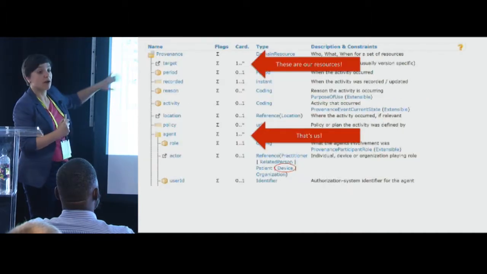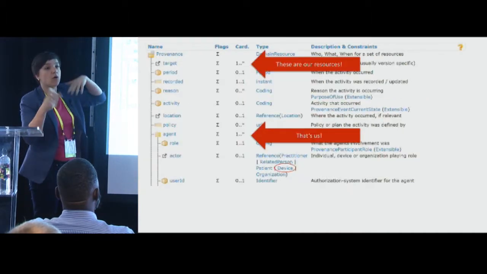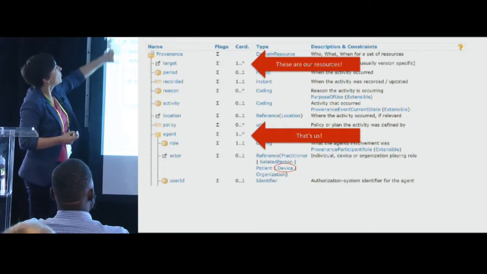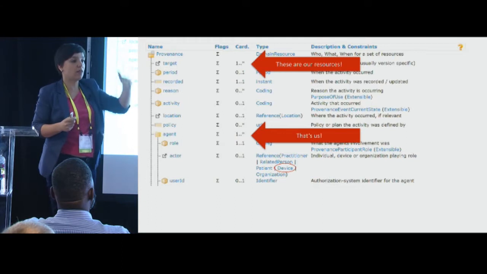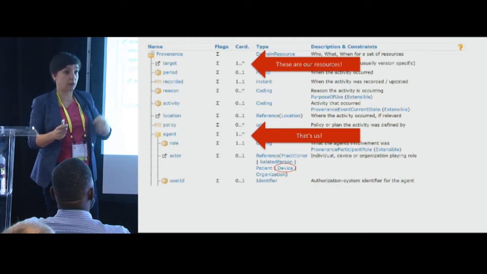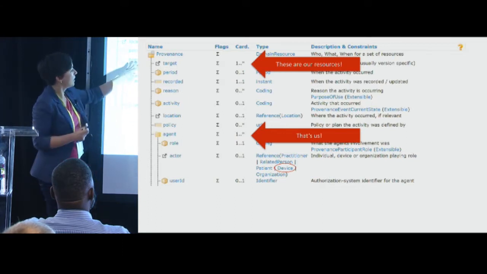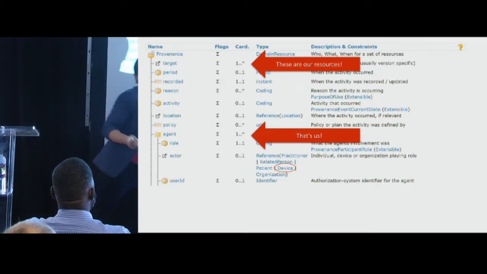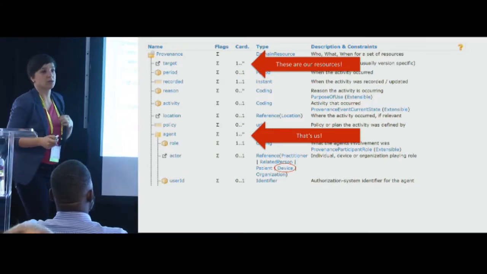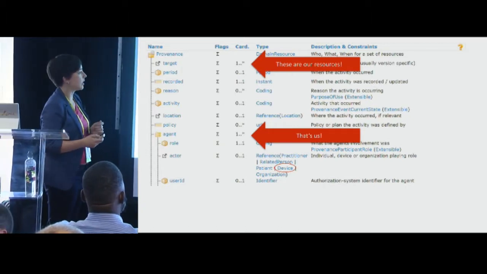And this would be the complex way, the more powerful method: to use a provenance resource that has a target referencing all the resources we created from one version 2 message, and that has an agent, which is a device, which points to our integration engine or somehow identifies our integration engine.